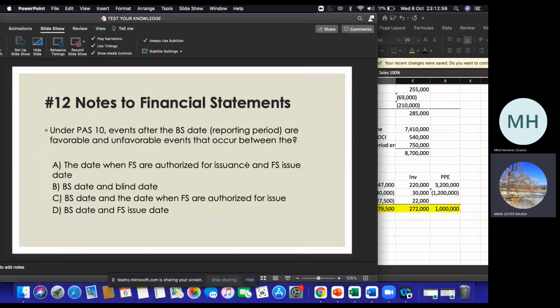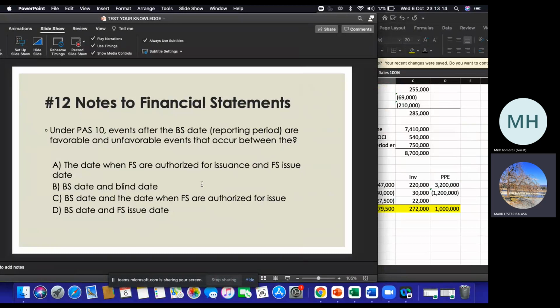Okay? Under PAS 10, events after the BS date or reporting period are favorable and unfavorable events that occur between, what is your answer? It's letter C, balance sheet date and the date when financial statements are authorized for issue.